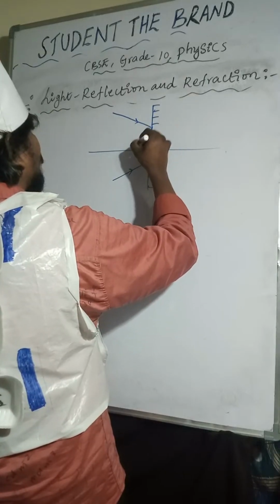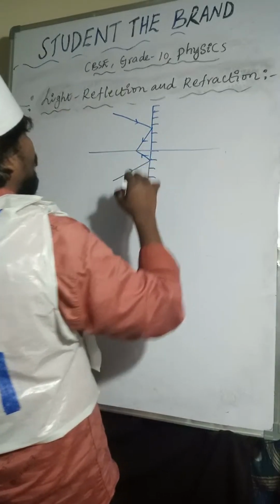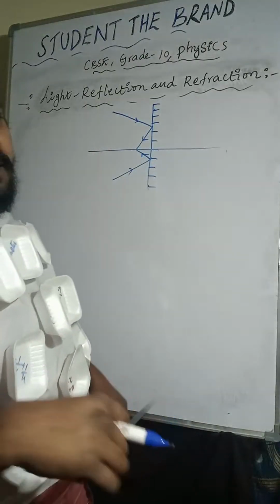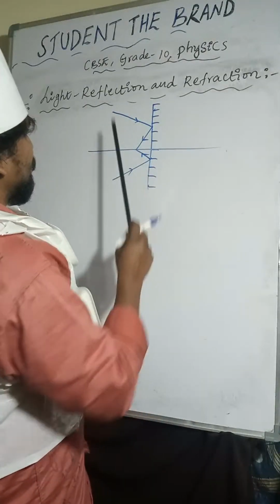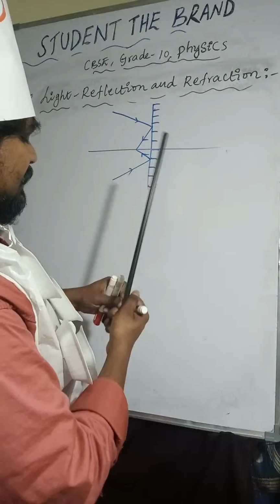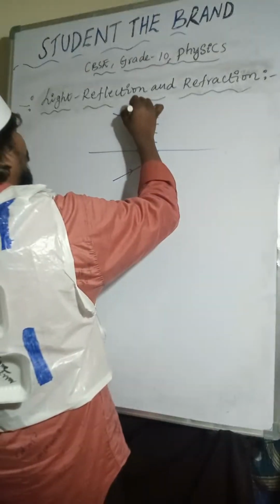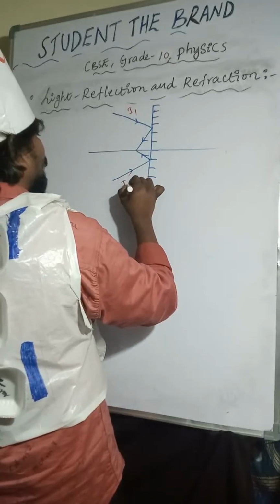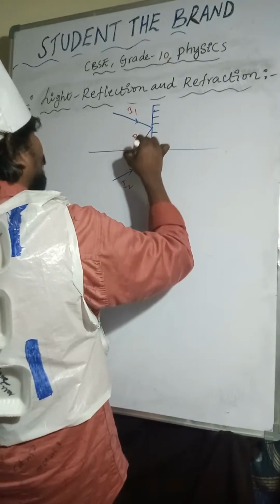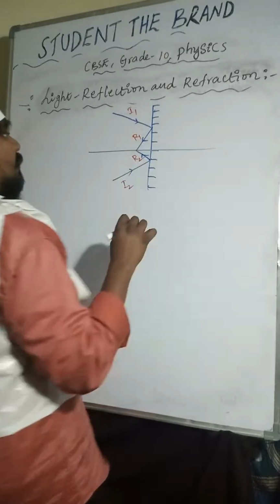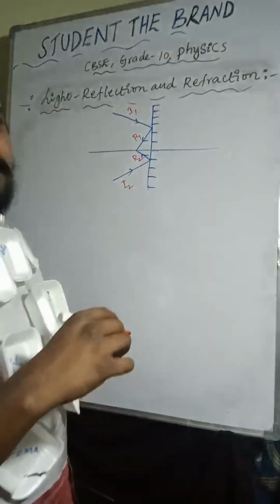After reflection, the light rays are meeting at one point. Here you can observe these are incident light rays, I1, I2, and reflected rays R1, R2.